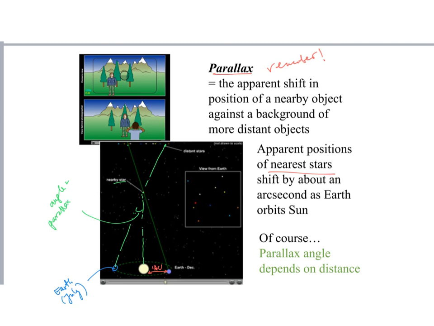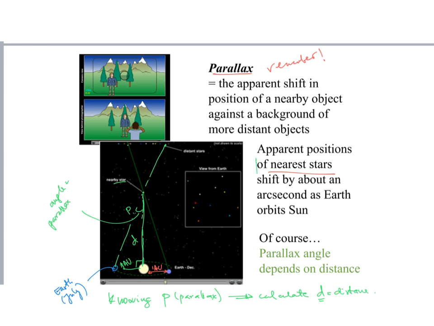Without going into the trigonometry or the calculations of this, this is P, an angle. This is a right triangle. This is the distance, and you have another side of the triangle that you know. Knowing or measuring the angle P, the parallax, which is easy to measure, we can calculate distance.